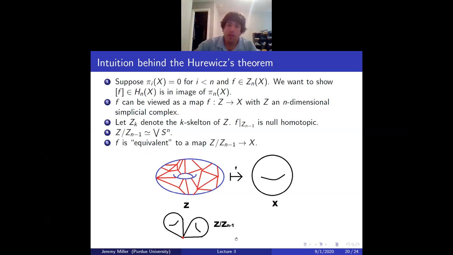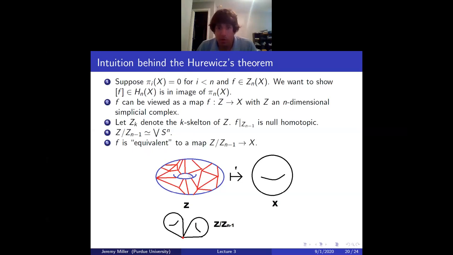So in this picture, X is like a two-sphere. We have a map. Z might glue together to form a torus. We map from a torus into a two-sphere, and then this two-sphere is a simplicial complex. It's a bunch of triangles glued together. And then I'm saying that if you look at the one skeleton, the edges of the triangles, that's some map from a graph into a two-sphere, so it'll be null homotopic.